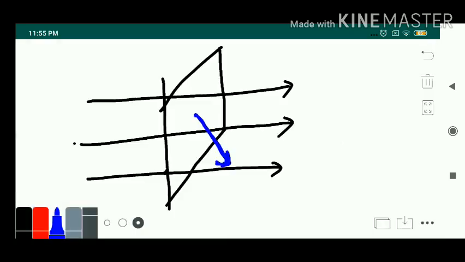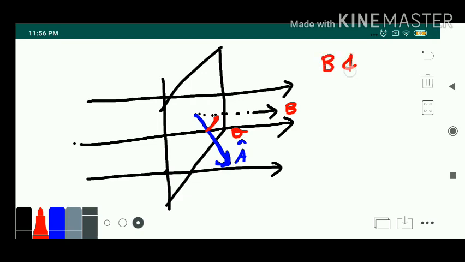Now what is the angle this area vector makes with respect to the magnetic field? I can draw a dotted line like this, which is also the direction of the magnetic field. So this angle, let's say, is theta. This is the magnetic field B, and theta is the angle between B and A.